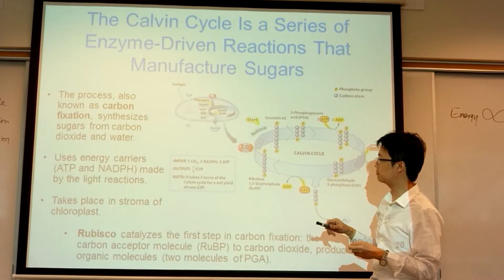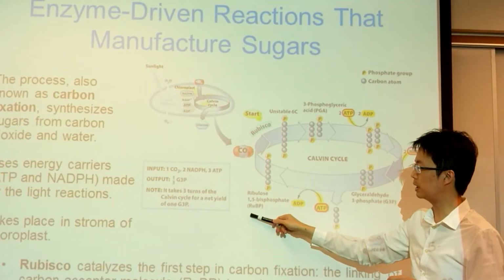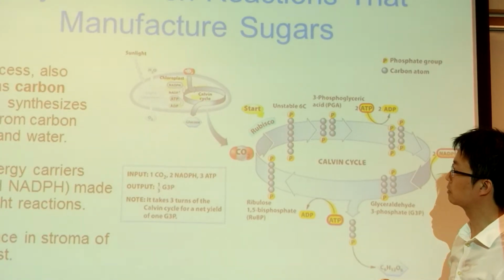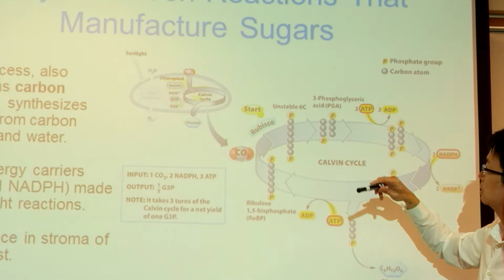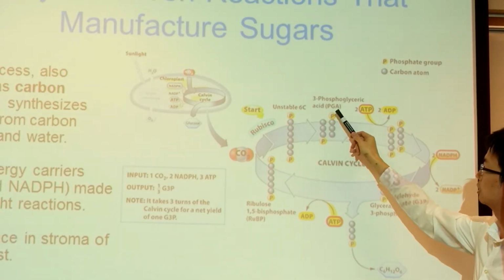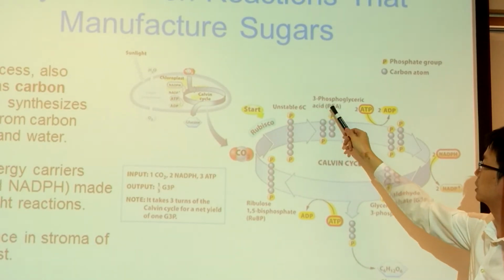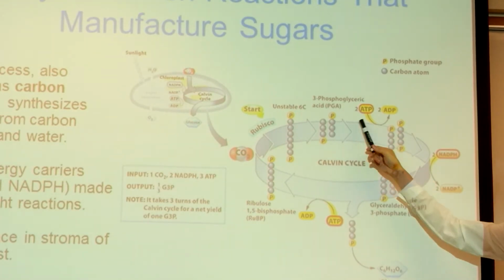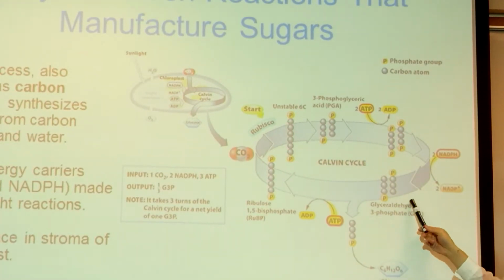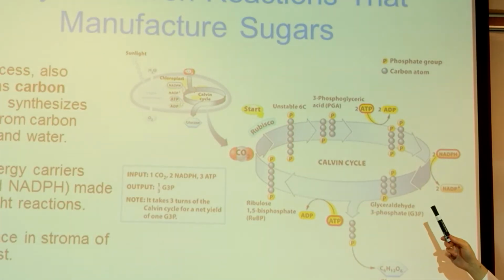Carbon dioxide will combine with RuBP, and when they combine, you will form 2 PGA molecules. And then the 2 PGA molecules will go through 2 steps and become the G3P. G3P is the sugar precursor. Let me simplify it here.